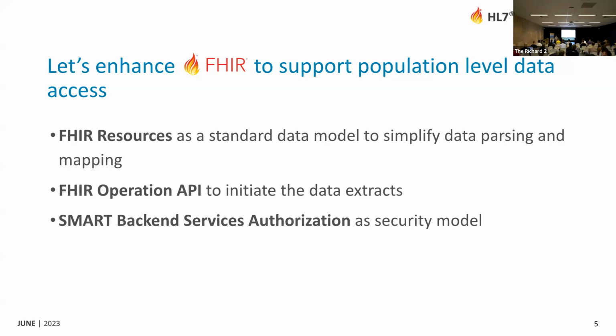And similarly, we use SMART Backend Services Authorization as a security model. This is a flavor of OAuth for machine-to-machine communication, and I'll talk a little bit more about the details of that at the end of the presentation. But again, the neat thing is that if you're collecting data from two healthcare sites, both of them will have the same auth flow instead of a custom approach for every export.